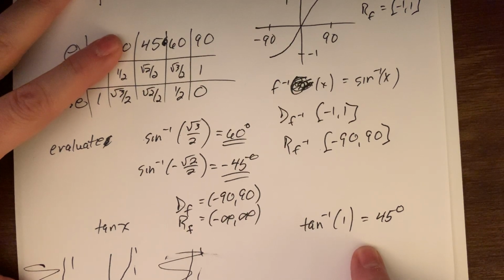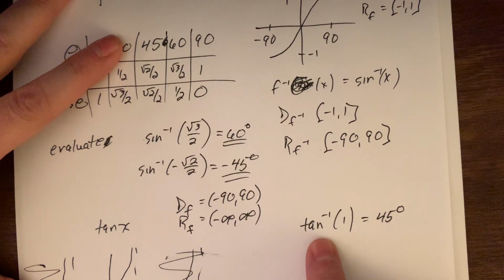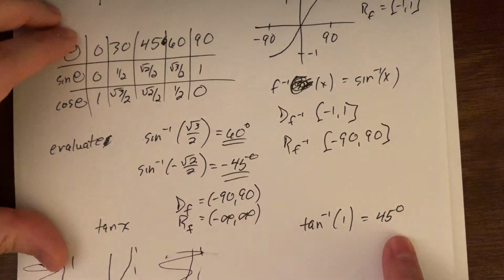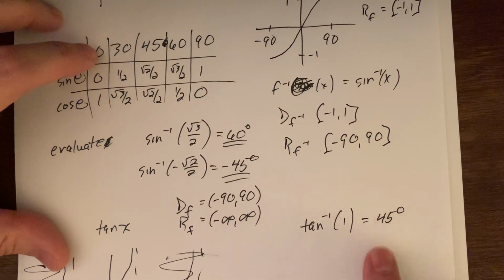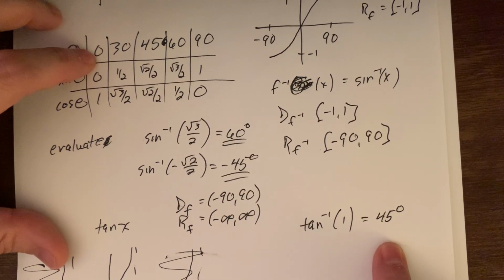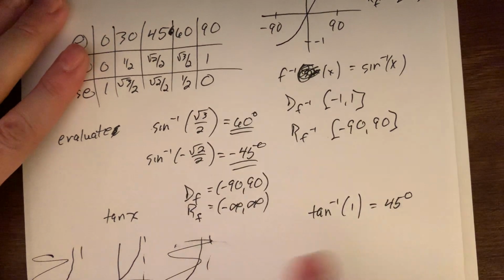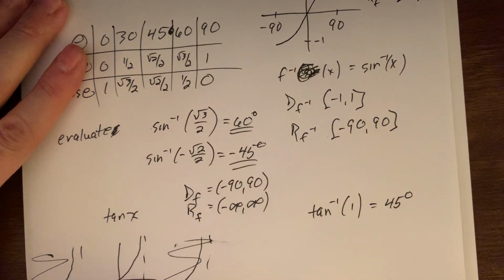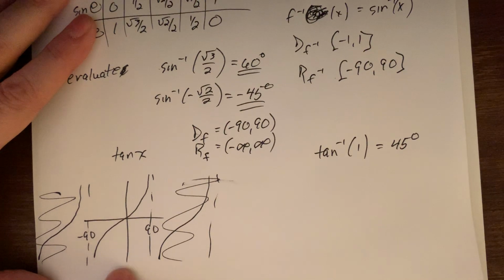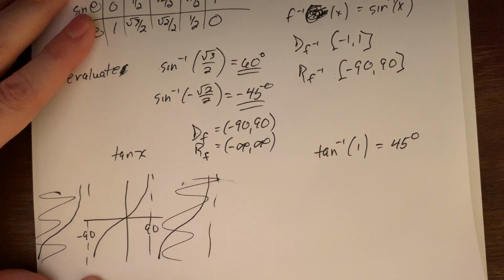Again, you want to have this idea, but the calculator still helps you if you're in trouble here. We've seen some ugly values, but when we get the nice values for the trig functions, we get the nice angles to go with them. So the calculator can definitely help a little bit here. And the same situation that we had with sine: a negative y value goes with these negative angles over here.